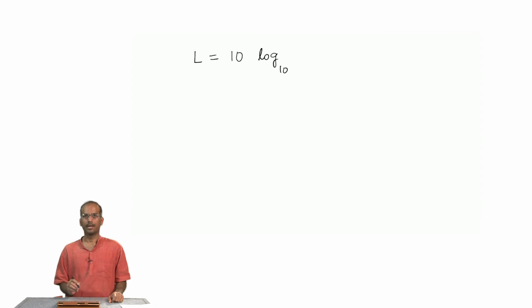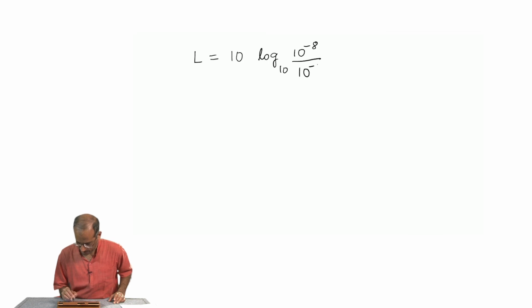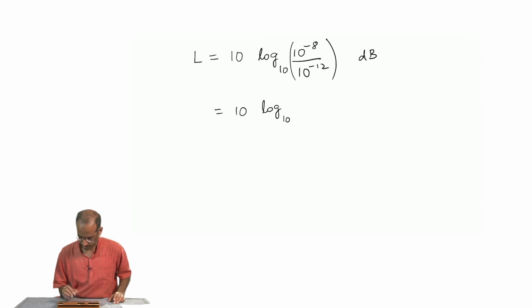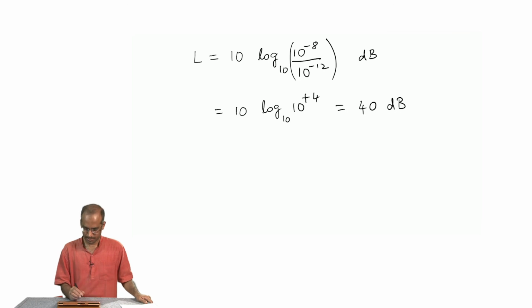So, for which I need to know this formula, log to base 10, and the intensity that I have in mind is 10 power minus 8 divided by 10 power minus 12 dB. So, this will be 10, and of course, this is log base 10, 10 power plus 4, and this is about 40 decibels.